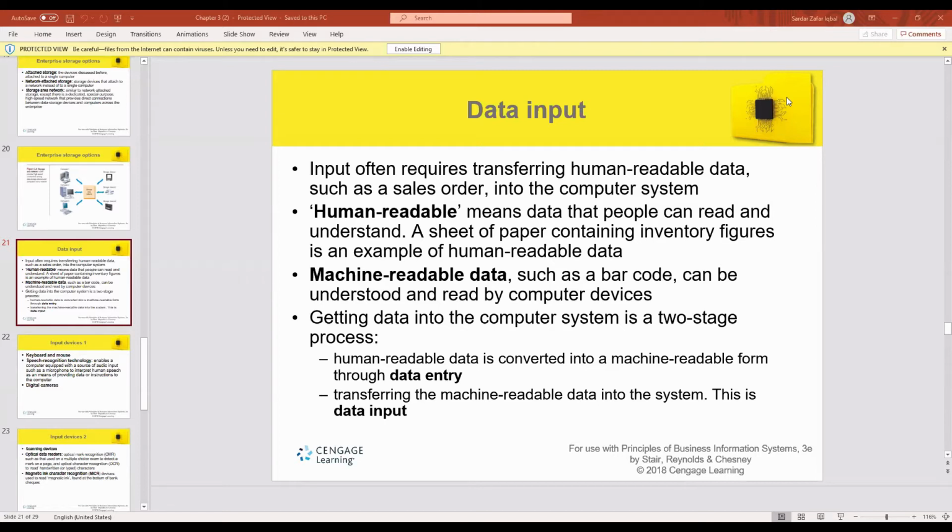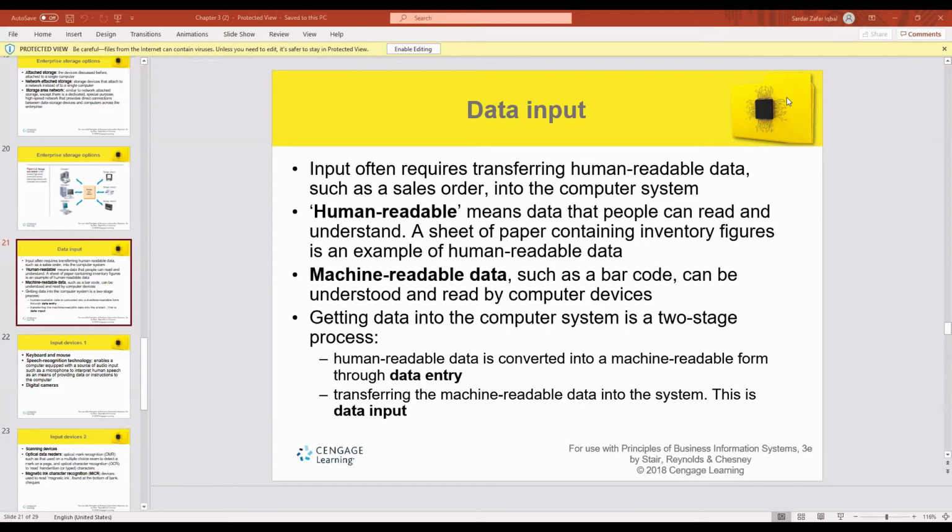So your data will be stored or converted into this form, and then this form will be converted into machine language, the binary language, 0 or 1. So human readable data is converted into machine readable form through data entry, and the machine readable data is transferred into the system. So this is the mechanism for data input.